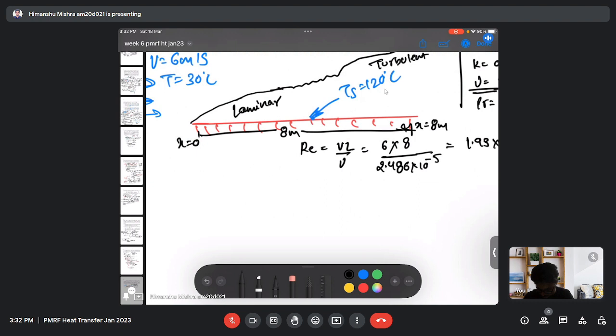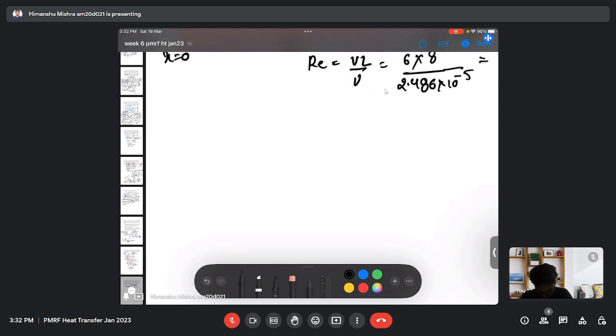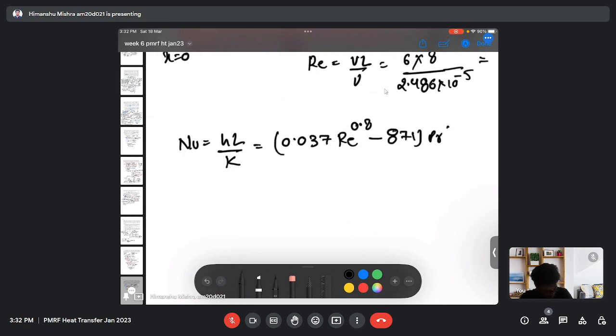So the Nusselt number correlation for the mixed type of flow will be this. This is my Nusselt number correlation for the mixed type of flow. Earlier we looked at the laminar flow, and last week we also used this relation for the mixed flow for a couple of problems.